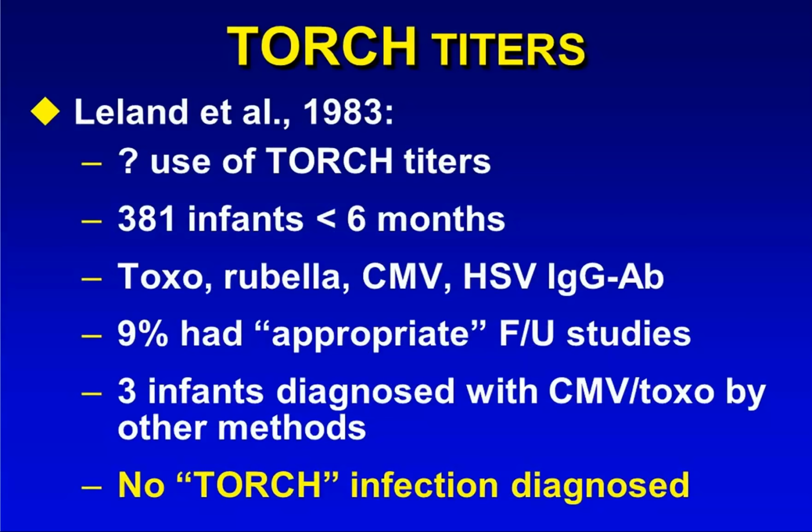Remember, the plan was that these IgG studies should be repeated at 3, 6, 9 months, and that if they persisted much longer than 6 months, that baby was considered infected. But very few had follow-up titers done. Three infants were diagnosed with CMV and toxoplasmosis by other methods, and actually, in these 381 infants, there was no so-called TORCH infection diagnosed only by serologic assays.